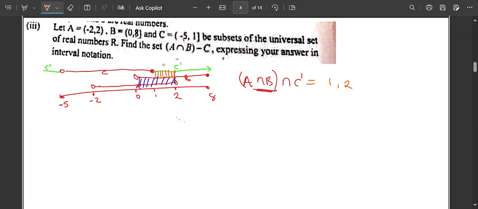Now how do I bring in the closed and open brackets? Let me start with the 1. 1 was not part of B, and wasn't part of A because those were not closed, so they were not included. Then when we come to 2, it wasn't part of A, by the way. It was open.